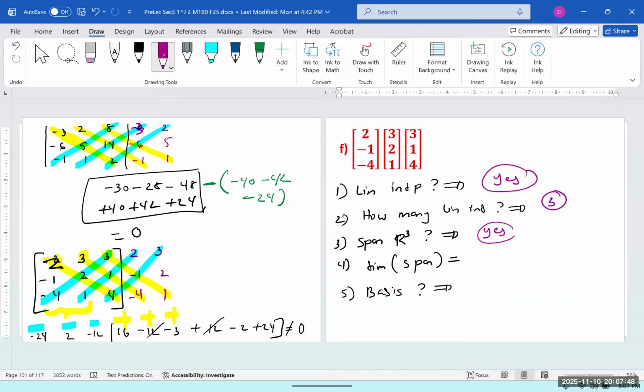Since we have 3 independent vectors in R3, they span the entire XYZ space. The dimension means how many independent vectors you have.